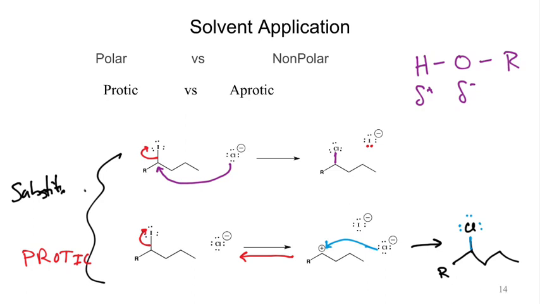Wants to go towards it. It goes towards it, which means how strong is that negative? Well, after it goes towards it, probably not as strong. If the positive weakens our negative, can the negative attack? It slows it down. So a protic solvent is a horrible choice. I don't want a protic solvent because I need that species to be negative to attack.